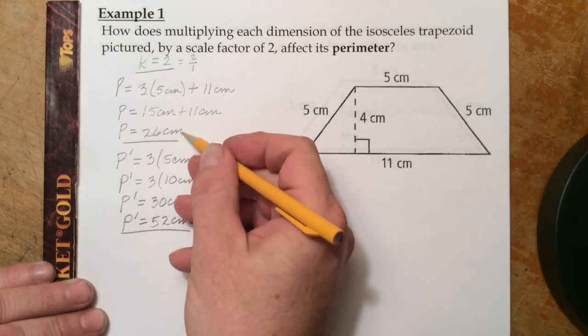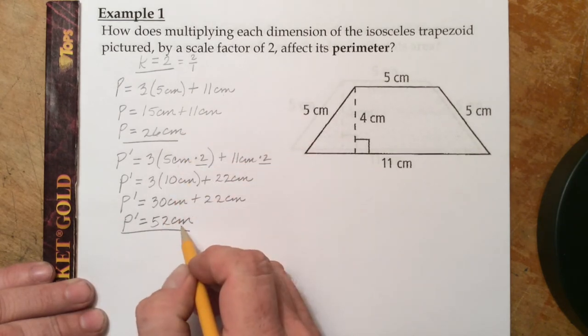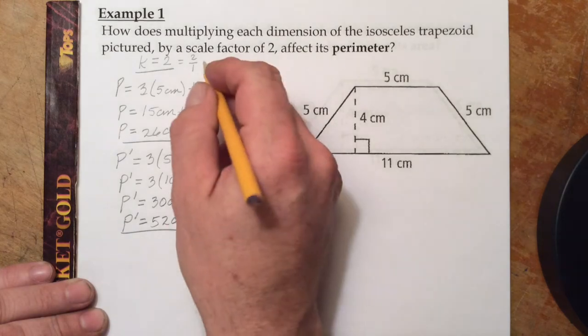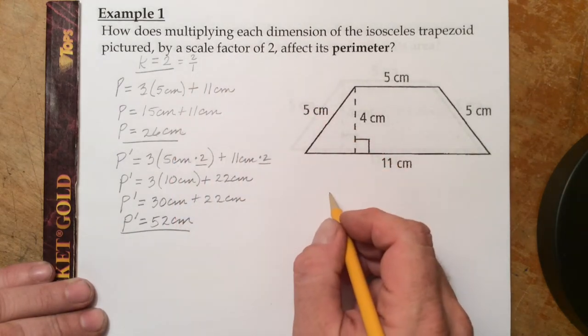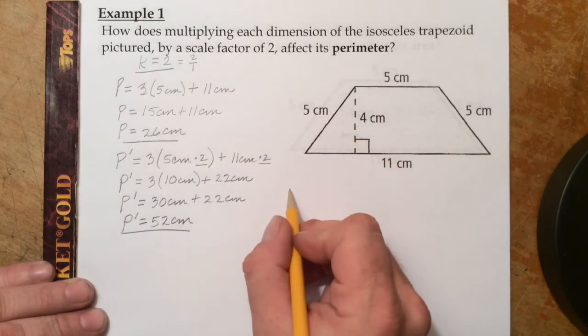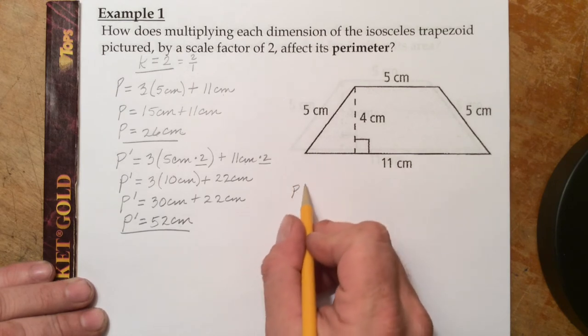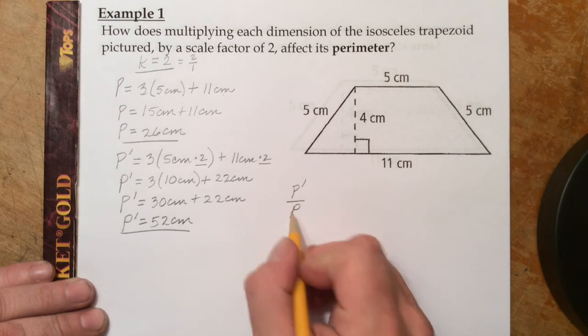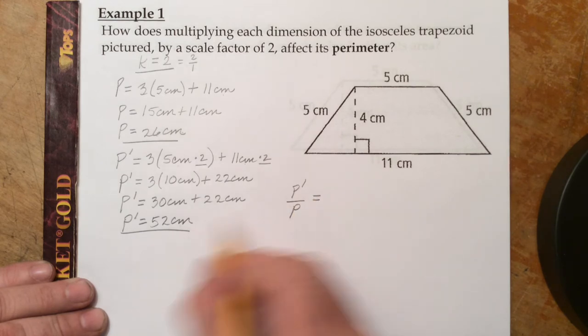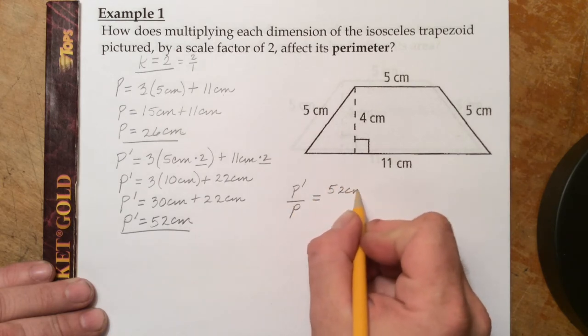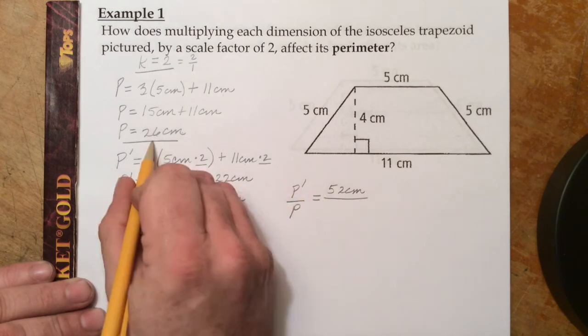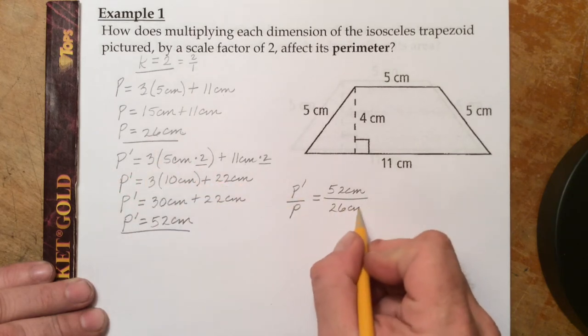Then we take the original perimeter and P prime, the new perimeter after applying the scale factor of 2, and we determine the factor of change. That's P prime over P. So we take P prime, 52 centimeters, over P, which is 26 centimeters.